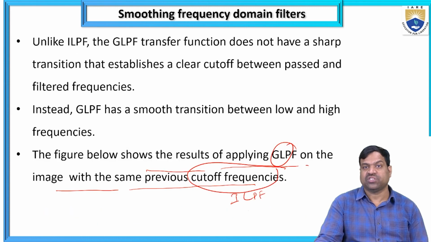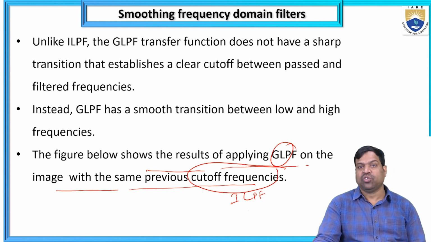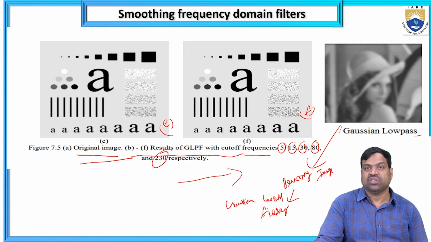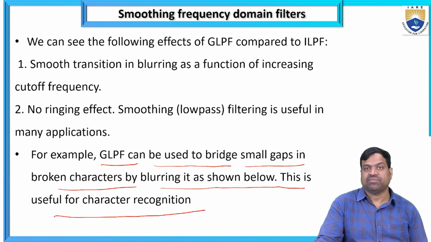The ILPF and GLPF are transformation functions; the ideal filter has a sharp transition that establishes a clear cutoff between passed and filtered frequencies, whereas the Gaussian low pass filter gives a smooth transition between low and high frequencies. The figure shows the results of applying the Gaussian low pass filter on the image with the same previous cutoff frequencies. These are the examples of cutoff frequencies with the ideal low pass filter.